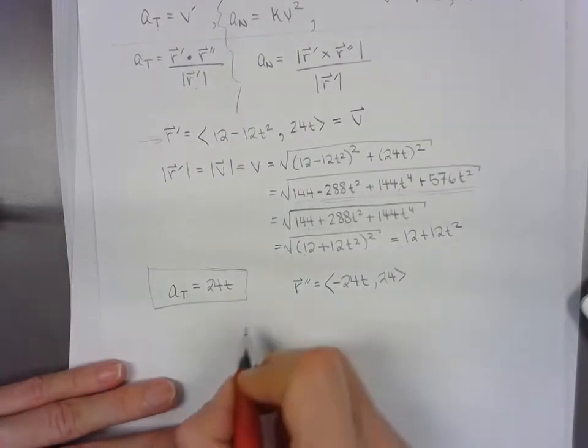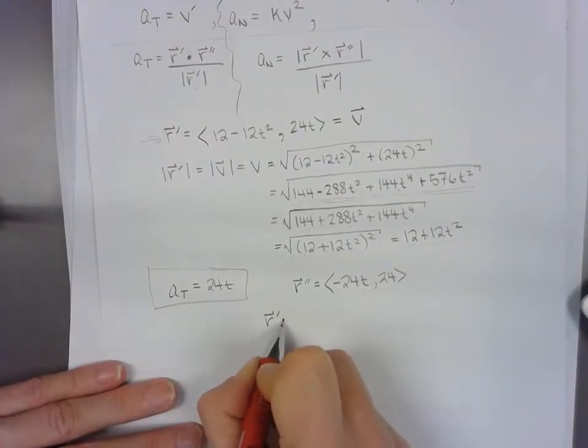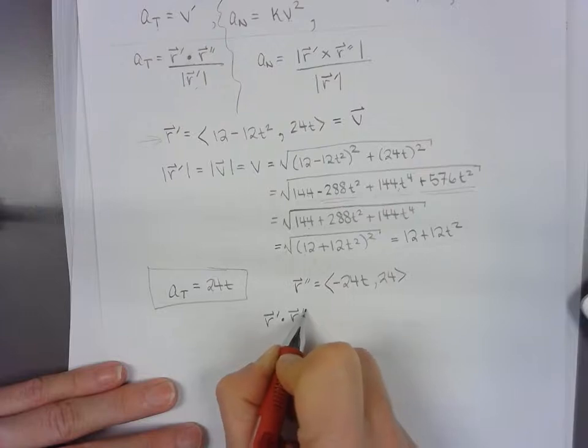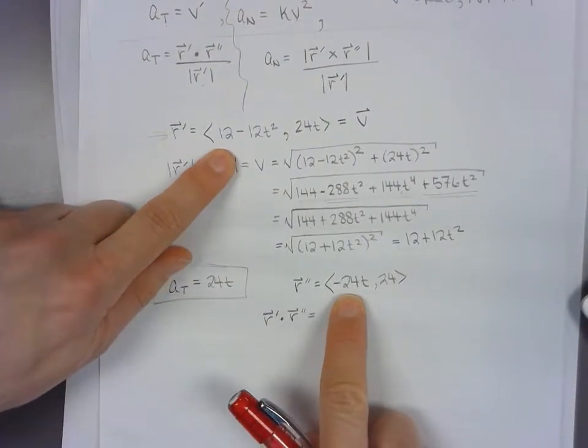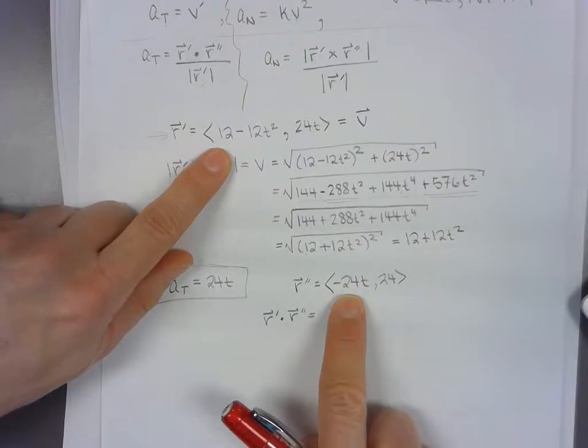And so if I did r prime dotted with r double prime, first times first, negative 24 times 12. 24 times 10 would be 240, 2 more would be 48, so 288.